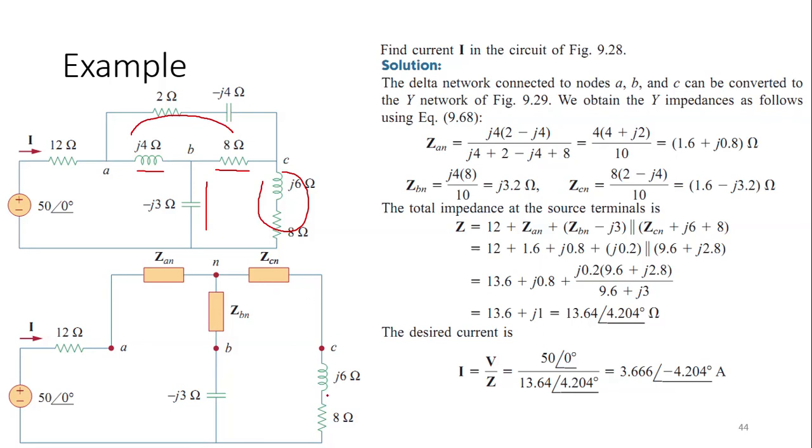Now ZCN is in series with 6j and 8 ohm. ZBN is in series with minus 3j, and ZAN is in series with 12 ohm. After finding these series combinations, this series combination is in parallel to this one.